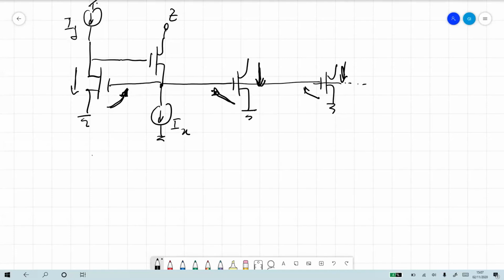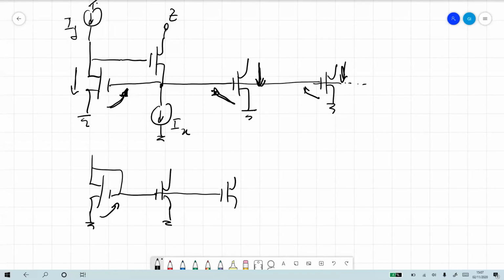So the normal way of doing a current mirror is just to take the VGS of the first transistor and make it equal to the VGS of the second, the third, and so on. So why would one go through the trouble of adding extra current sources to implement the same thing that you can do in a simpler way?